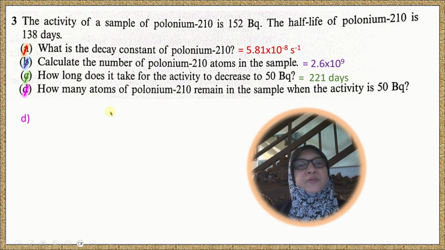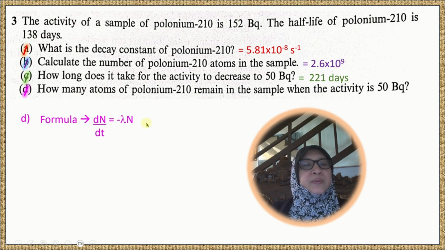Next we are going to find the number of atoms. We can use the formula dN/dt equals negative lambda N. So dN/dt is the activity given, 50 becquerel.